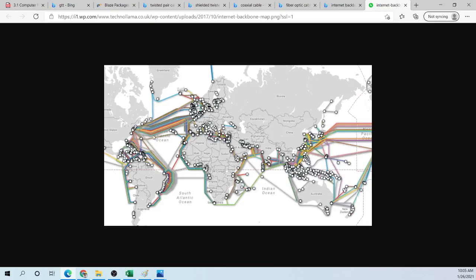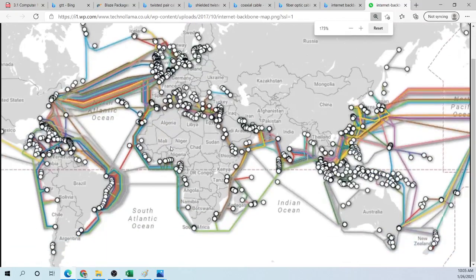Very good. So all of these lines that you're seeing here are fiber optic connections, because fiber optic can be used to connect over larger distances. So it can be used to connect all of these different countries. I don't know if you guys ever paid attention to when GTT is saying that their internet connection went down.